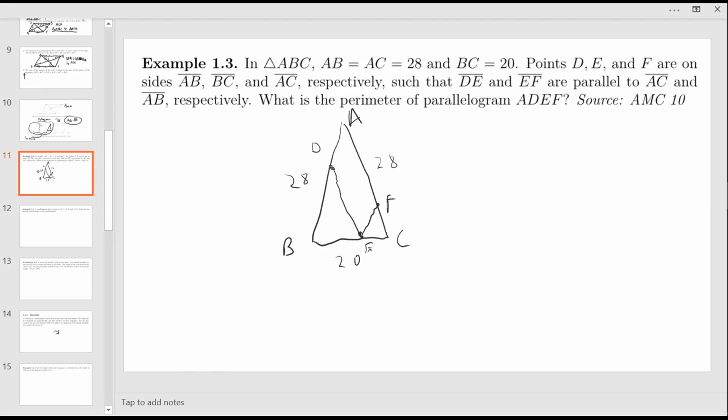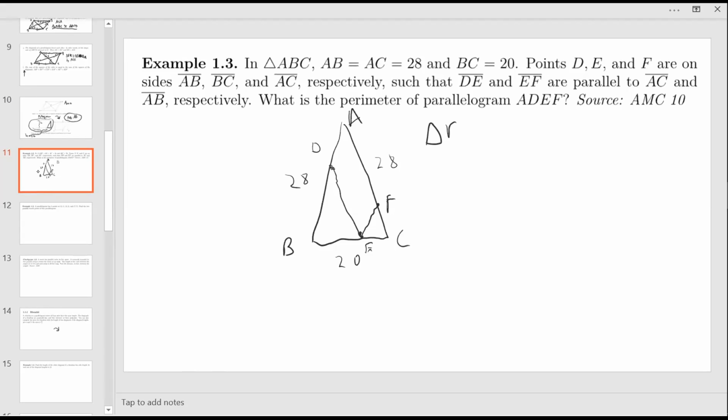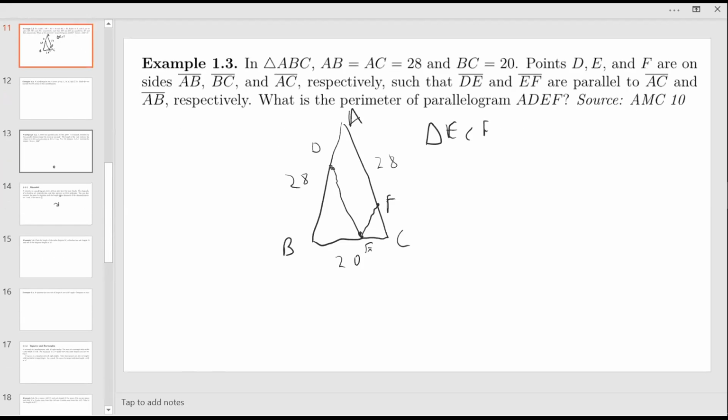First, we want to see if we can find any similarities between the triangles in this diagram. One thing to see is that triangle ECF is similar to triangle BCA. Why is this true? Well, we know that this angle is equal to this angle by parallel lines, and similarly, this angle is equal to this angle, and this is just a common angle.